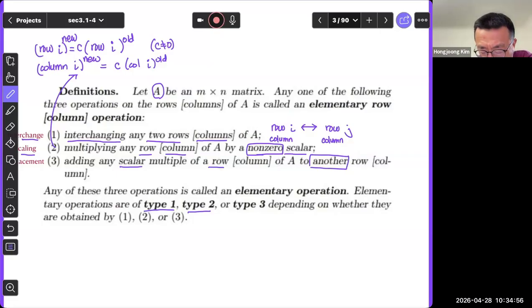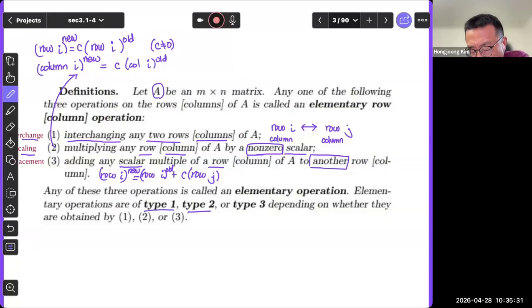Given, say, row j, you multiply a certain number and then add it to row i, and that is your new ith row: the old one plus c times row j.